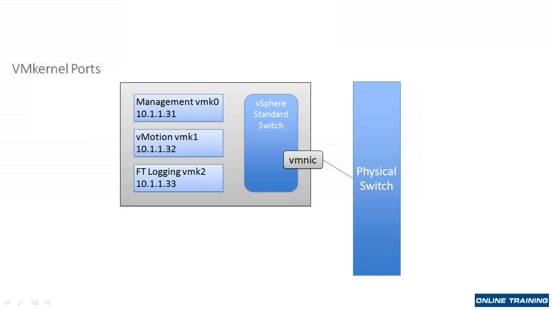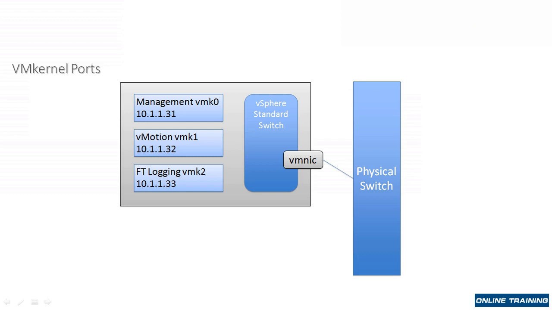But our virtual machine port groups are really only half the story. Right? My VM port groups are for all of my virtual machine traffic. Everything else is going to be handled by a VM kernel port. Right? So the virtual machine port groups are kind of like ports on a physical switch that a PC would connect to or a server would connect to.